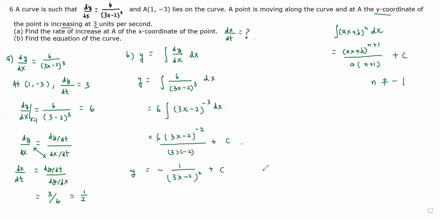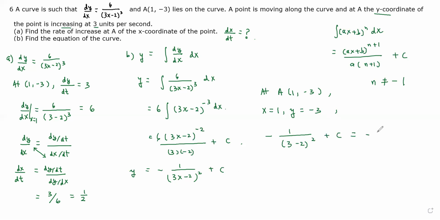And now we need to find the value of c. Now at A, x is 1 and y is negative 3. So we replace x with 1 and y with negative 3 into the equation here. So that negative 1 over (3 minus 2) squared plus c.